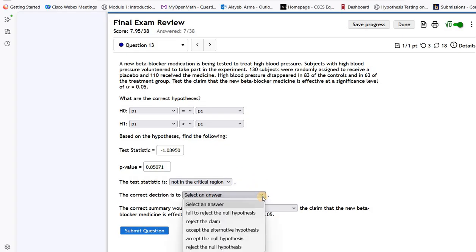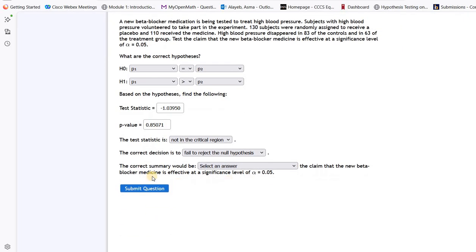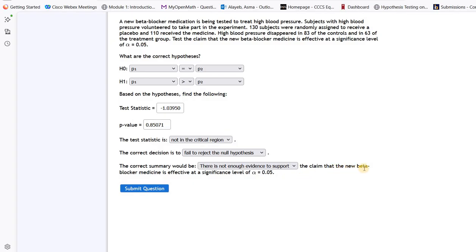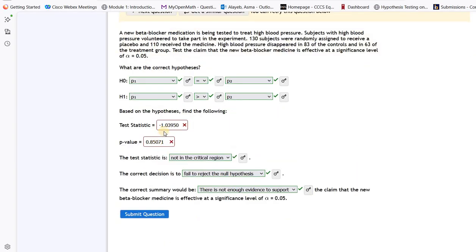And the correct decision is to fail to reject the null hypothesis. And the correct summary would be there isn't enough evidence to support the claim that the new beta blocker medicine is effective at a significance level of 5%.